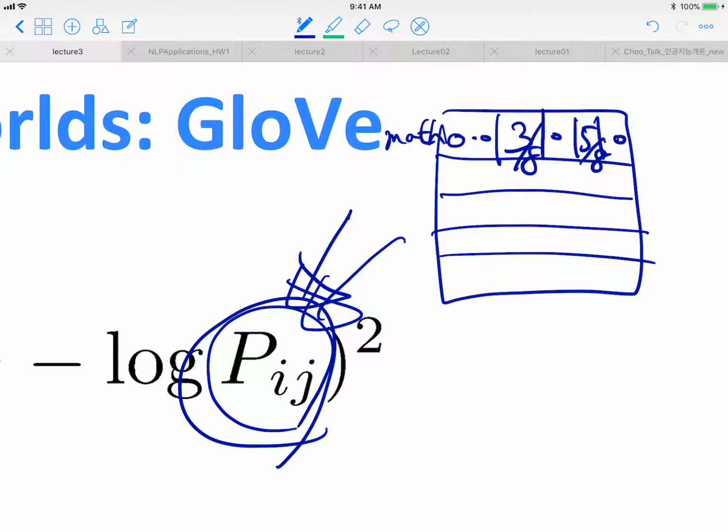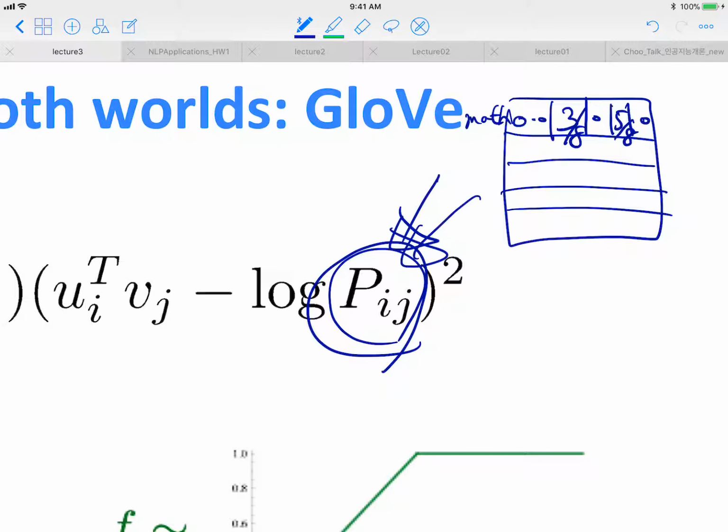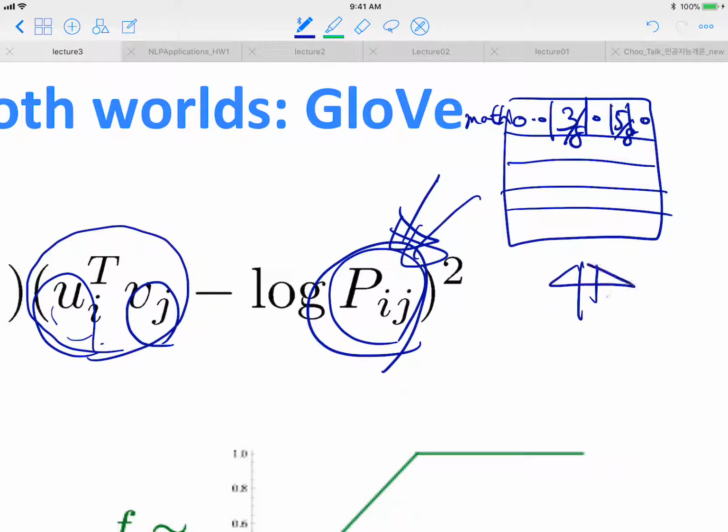And then we take the logarithm of this probability. The log function is a monotonically increasing function, right? And thus a large co-occurrence will have a large probability value. Then we try to fit the inner product between the center and context word vectors to be as close as possible to the given value based on this co-occurrence matrix.